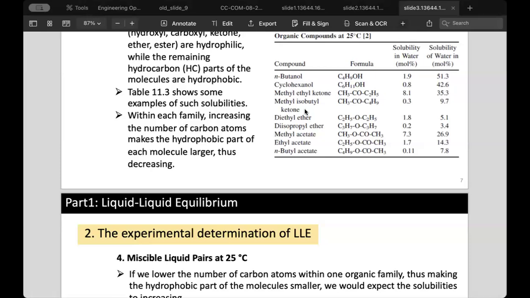What is the difference between the previous one and this group in terms of molecular structure?